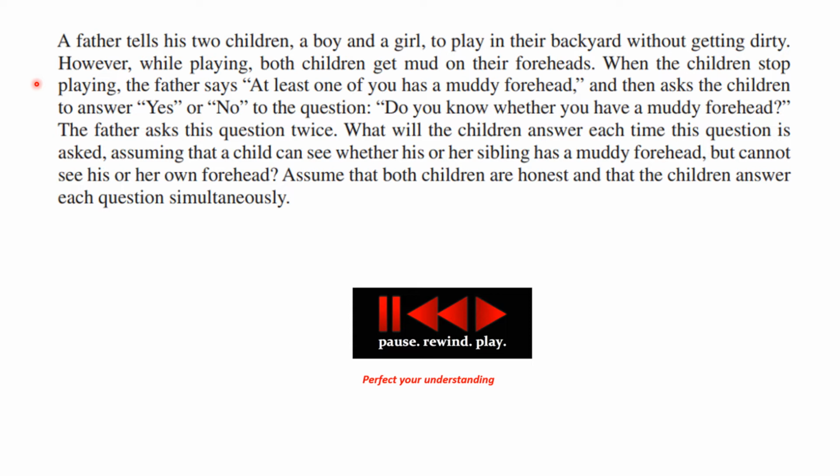The father asks this question twice. What will the children answer each time this question is asked, assuming that a child can see whether his or her sibling has a muddy forehead, but cannot see his or her own forehead? Assume that both children are honest and that the children answer each question simultaneously.